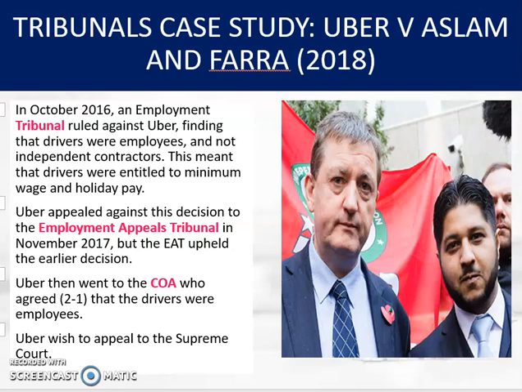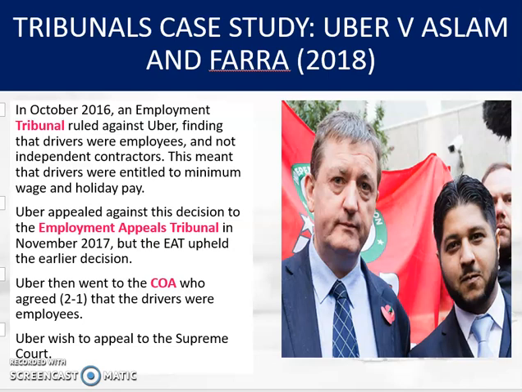So this case was called Uber and Aslam and Farah. And you can see here that in October 2016, there was an employment tribunal against Uber. And basically, Uber were classifying its drivers as independent contractors rather than employees. And this meant that Uber didn't have to give them as many rights.